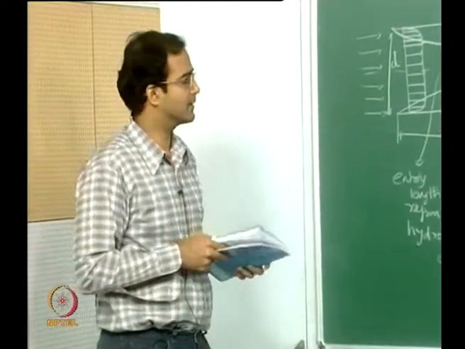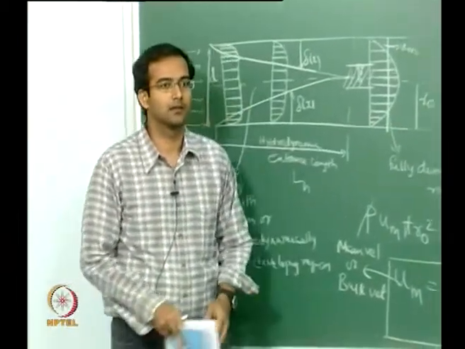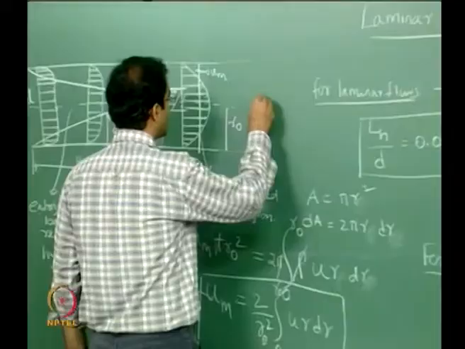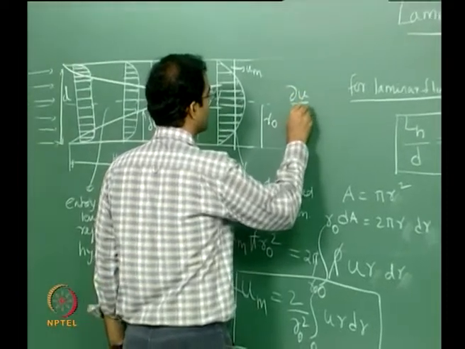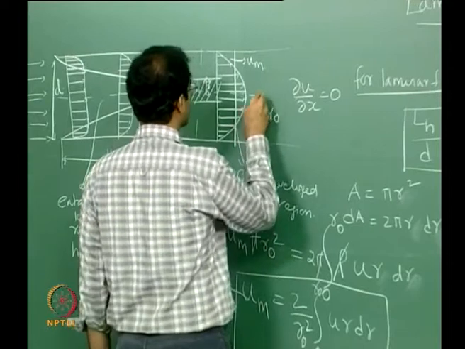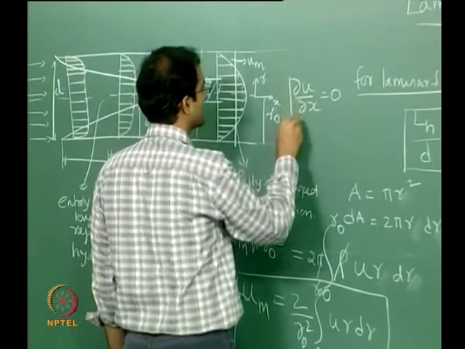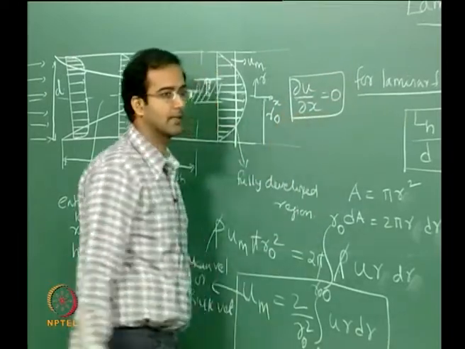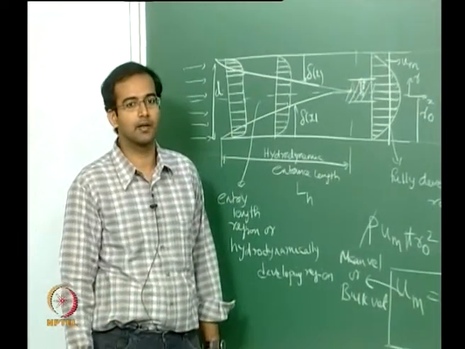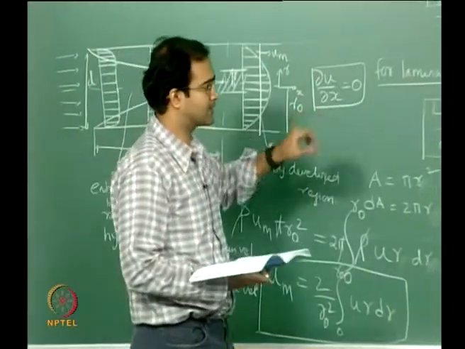How do I say that I am in a fully developed region? You look at the velocity profile. If the gradient with respect to the axial direction, this is my axial direction x, this is my radial direction, is 0, this clearly tells me that I am in the fully developed region. So this is the criterion as far as the flow is concerned.